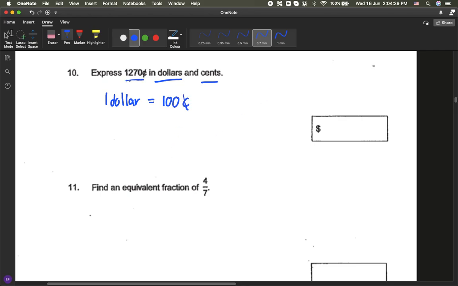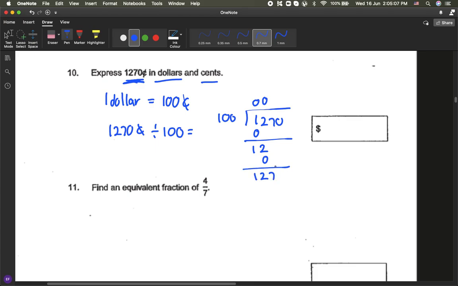And to make this into dollars and cents, we simply need to get 1,270 cents divided by 100. So let's see, 1,270 divided by 100. We can't put that there. 0 becomes 12. And it becomes 0 as well, so it becomes 127.